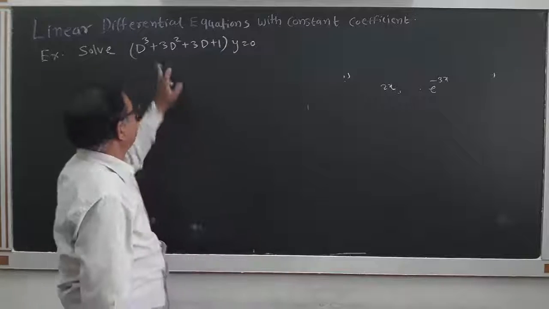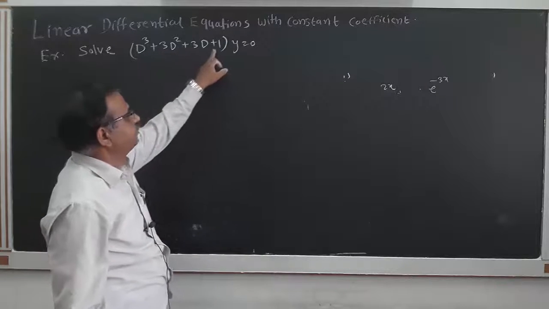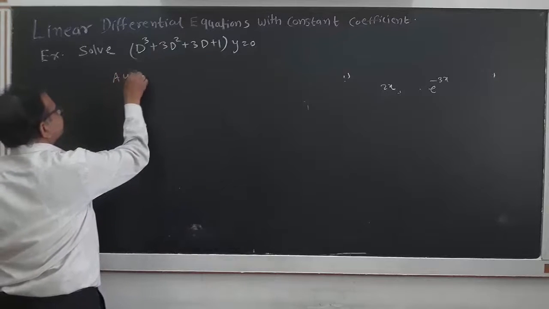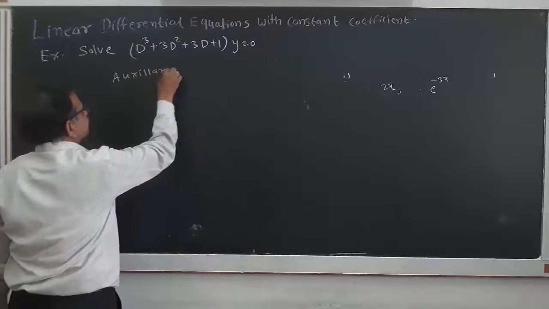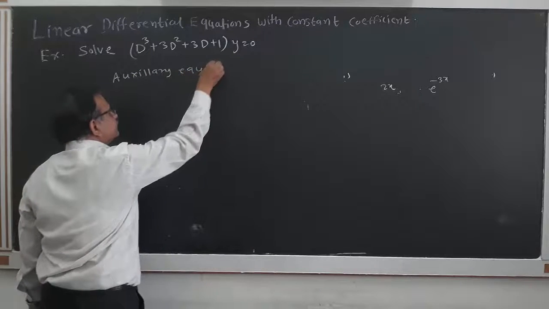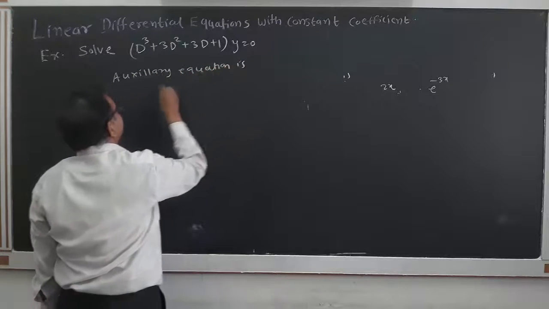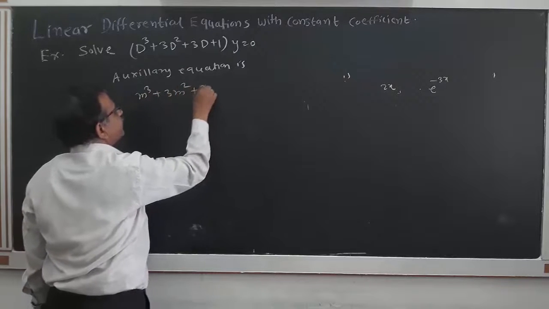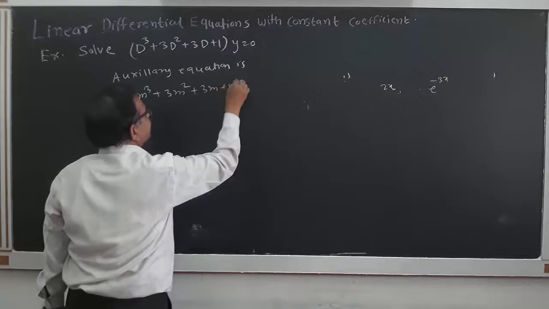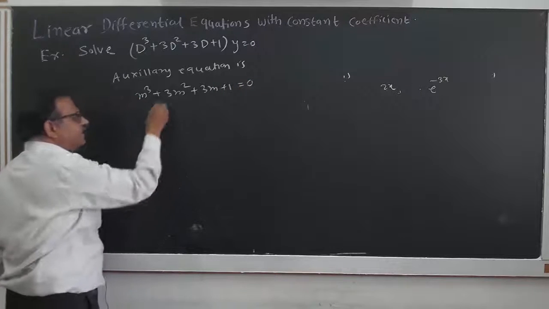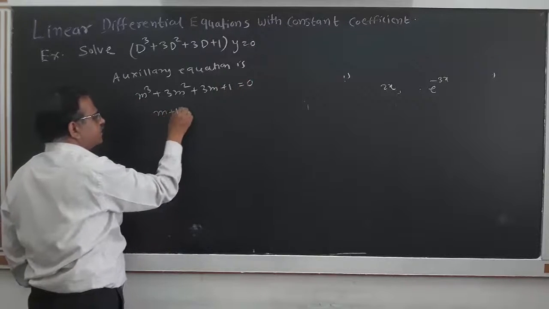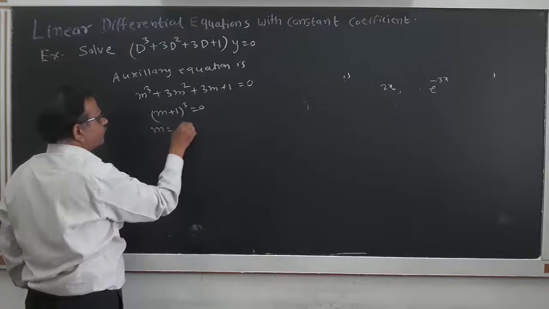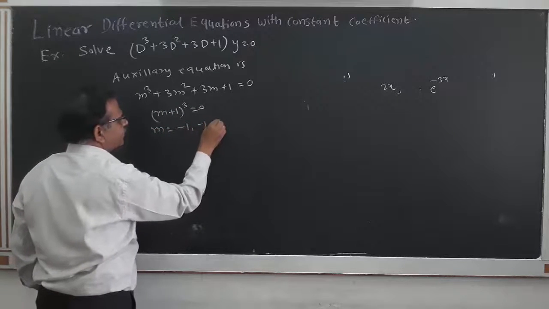We have to solve the problem D³ + 3D² + 3D + 1 y = 0. Its auxiliary equation is m³ + 3m² + 3m + 1 = 0. Clearly, this is (m + 1)³, and hence m = −1, −1, −1.